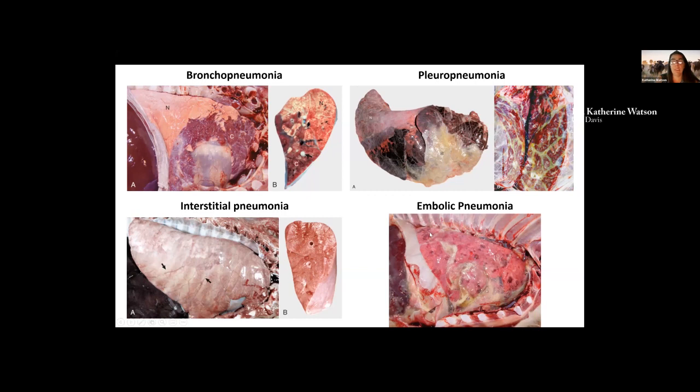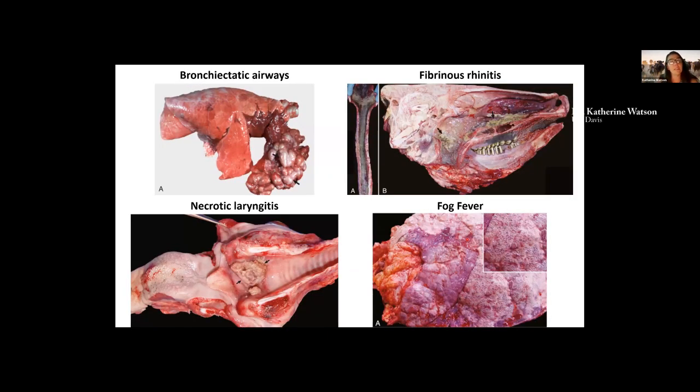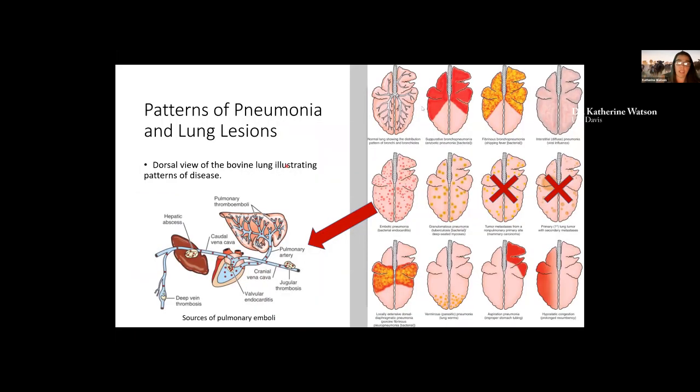And then you have the embolic pneumonia, like from a hepatic abscess. All right, some other things that you might see when you're opening up the animal, you might see weird sections of lung that look like this. These are actually airways. Remember how we talked about all of these branching airways up here?